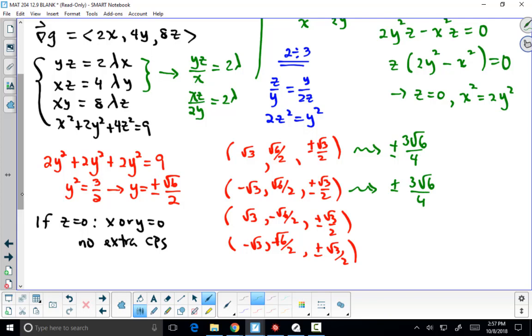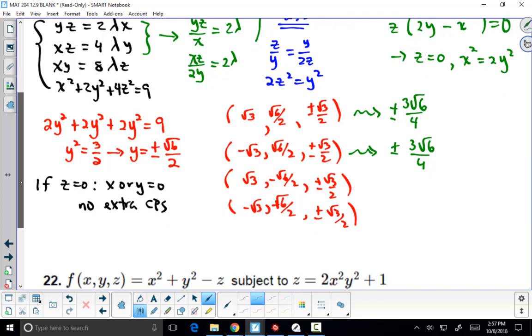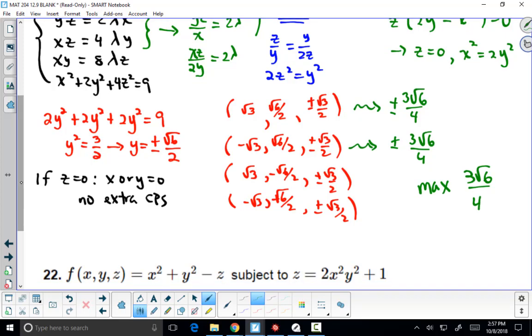So this tells us that our max is positive 3 root 6 over 4, and our min is going to be minus 3 root 6 over 4. So that'll be our max and our min. And those occur at lots of places. So it's like that roller coaster thing where you could have lots of high points and lots of low points. So it is what it is.